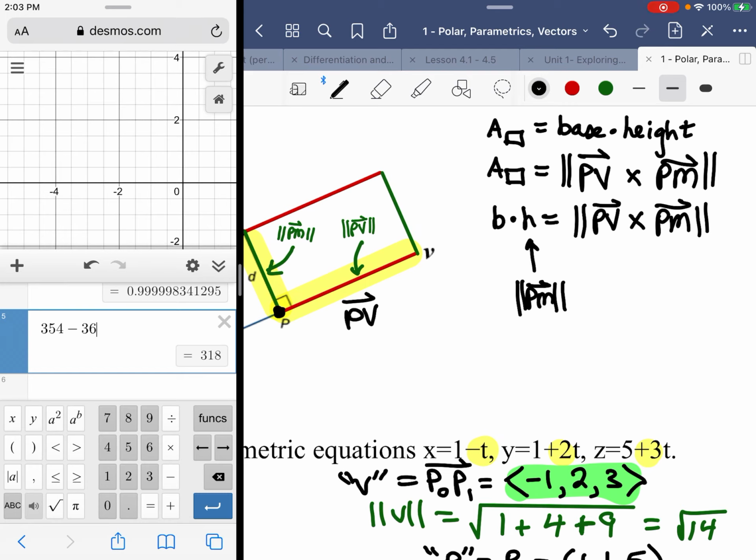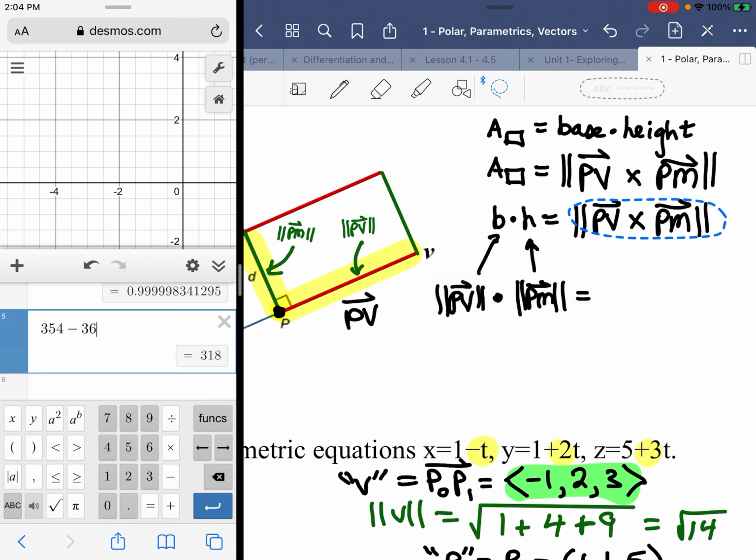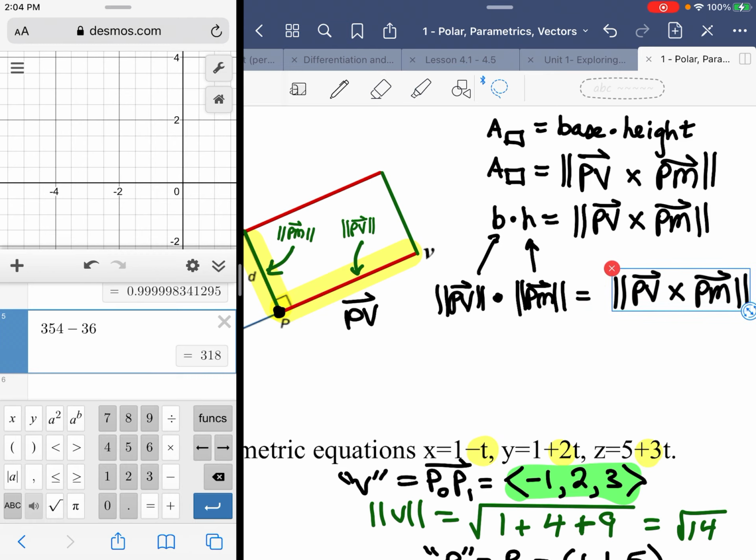Sorry, this magnitude notation was getting out of hand. So we'd be looking at these values multiplied to give me this cross product. One of them is by definition of the area of a parallelogram using the cross product's magnitude. The other is just geometry. But it's ultimately like a system of equations where you have two equations, multiple variables, and you set them equal to one another.